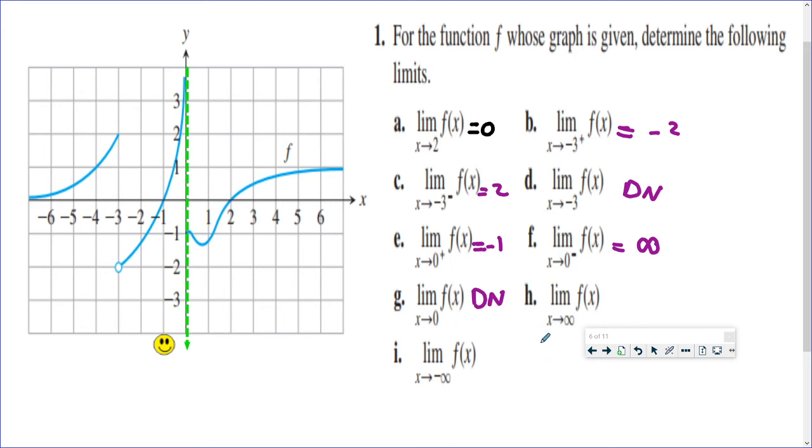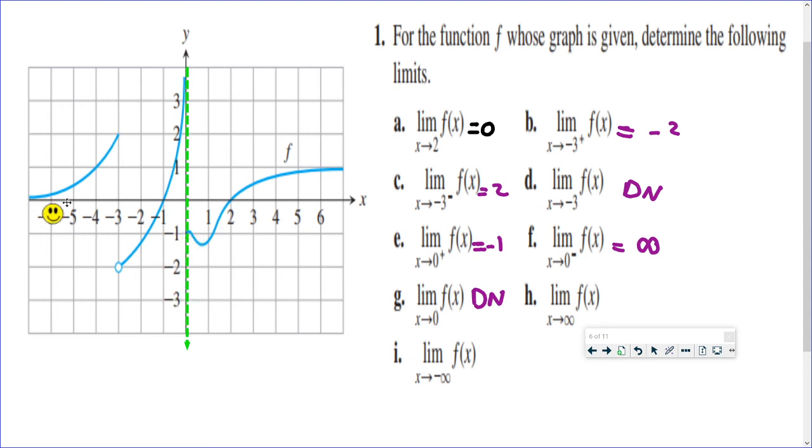Again, we still have a couple of questions. The limit of the function when x approaches infinity, and when it goes to negative infinity, where does the function go? Again, the limit of the function when x approaches infinity. So this is our line.